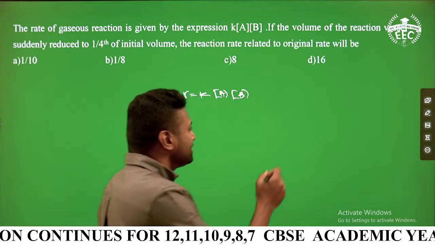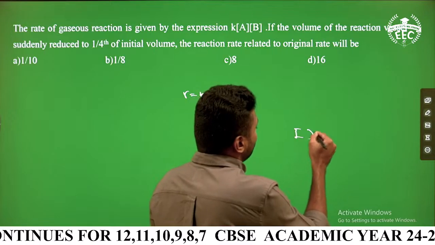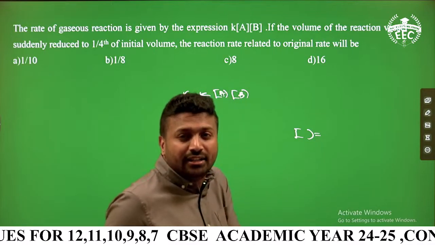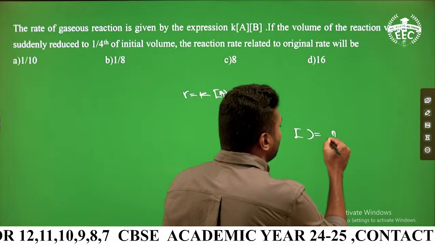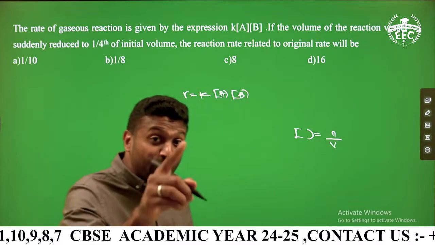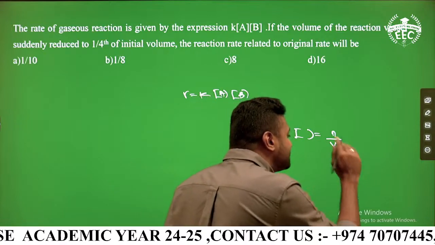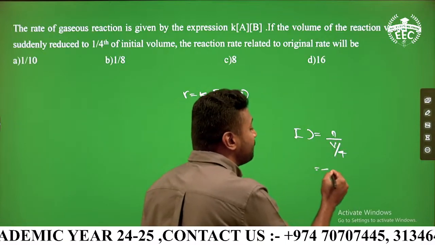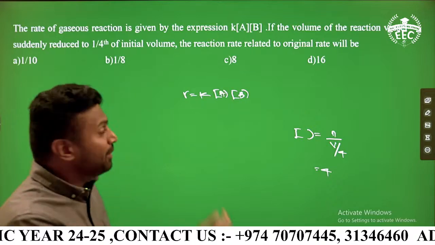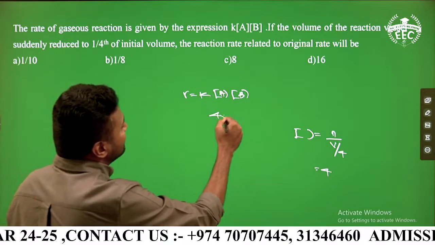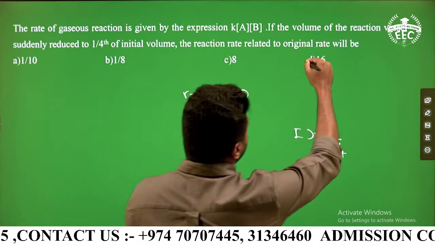The square bracket denotes concentration, which is given in terms of molarity: number of moles divided by volume. When volume is reduced to 1/4, V becomes V/4, so concentration becomes 4 times. So rate will become 4 into 4, which is 16, or rate is increased by 16 times.